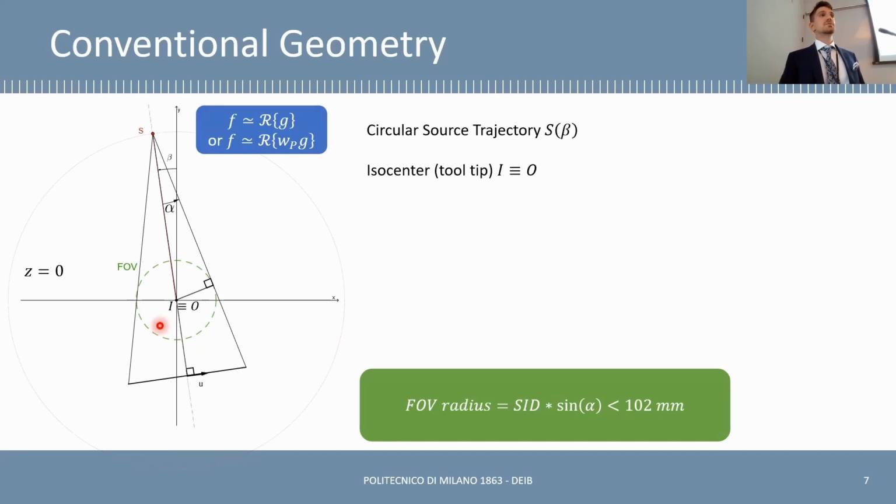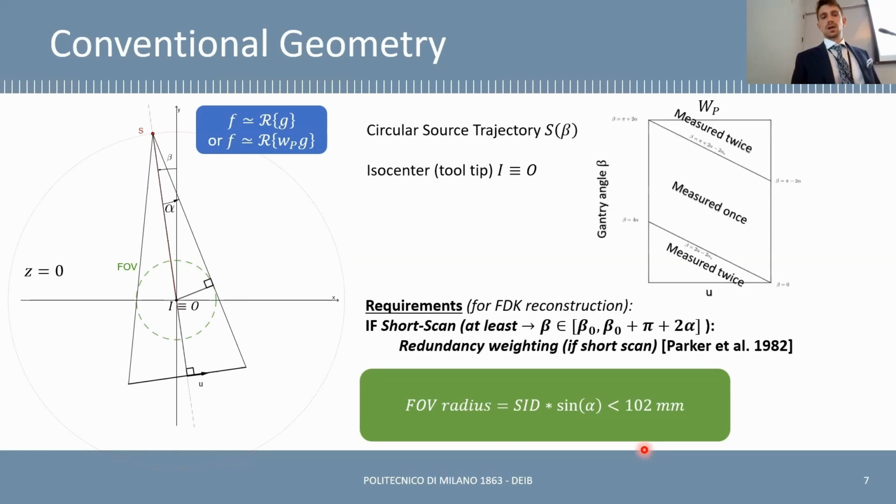So it doesn't really have to be there all the time. It can change position since it's a robotic manipulator. Of course, the circular trajectory is imposed on the source, and the FOV radius, calculated with a little bit of trigonometry, is 102 millimeters. As I said, insufficient.